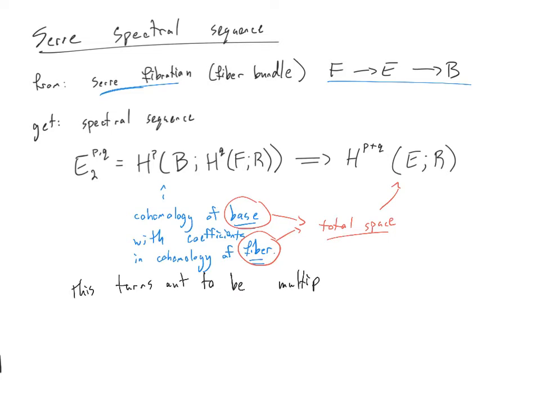Which means that if you want to understand the ring structure on the right, we've got units of ring, you can get it from the ring structure on the left. And we'll unpack this in a little bit.